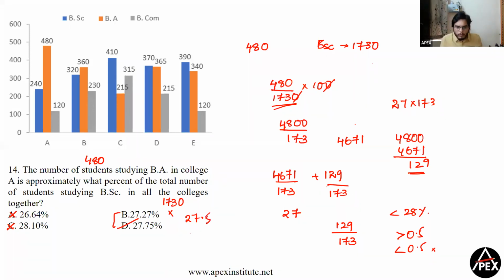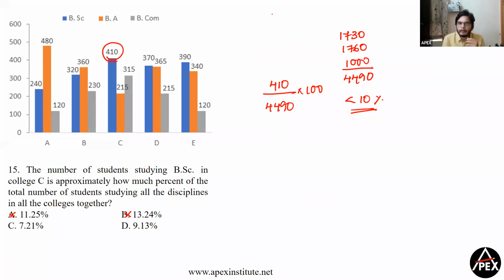Do you consider option B or option D? Okay, so I told you before approximation, please check whether the options are very close to each other or not. Here these two options are very close to each other, so I won't be using approximation here. Clear? Is your doubt clarified?